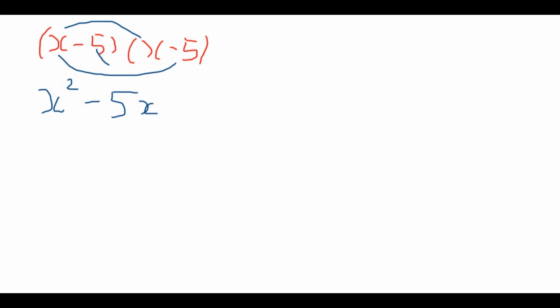Negative 5 times x is negative 5x again. And finally, negative 5 times negative 5 is positive 25, because a negative sign multiplying a negative sign is going to give you a positive sign.